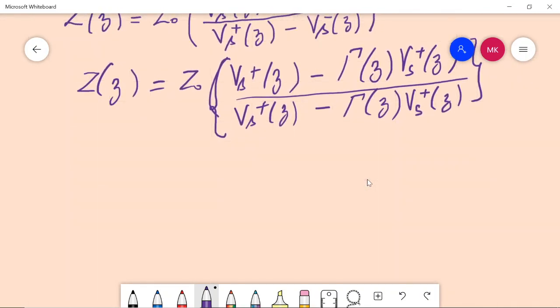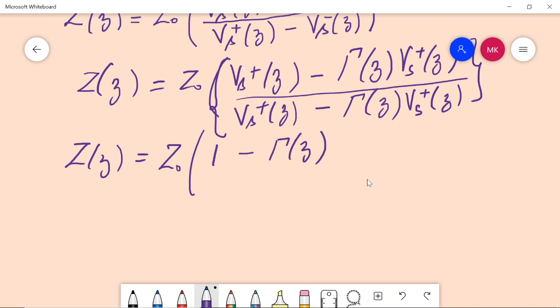So if you take common Vs plus z, that will cancel out, and finally what you are getting is Zz equals Z naught times (1 minus gamma z) over (1 plus gamma z).